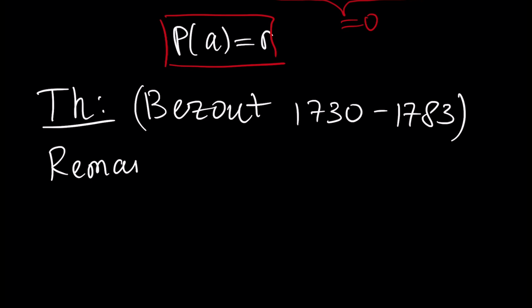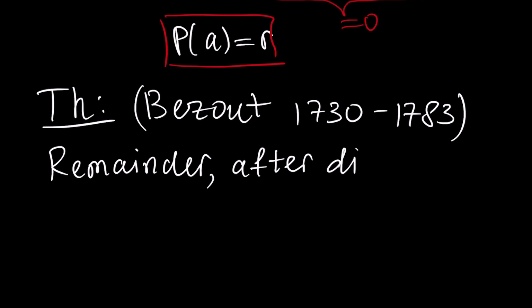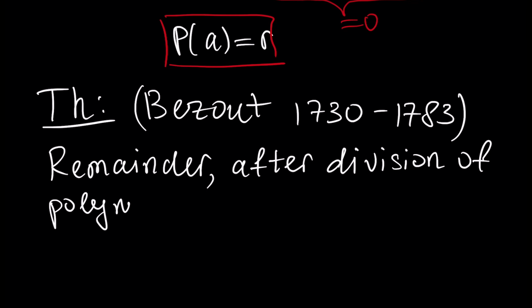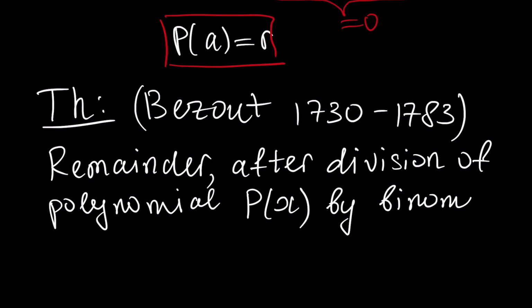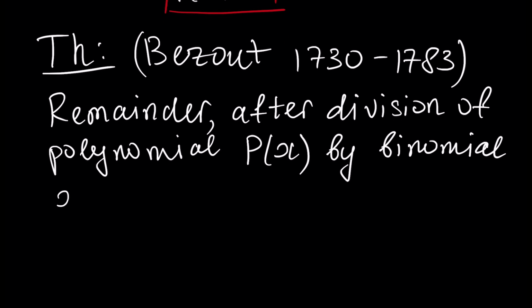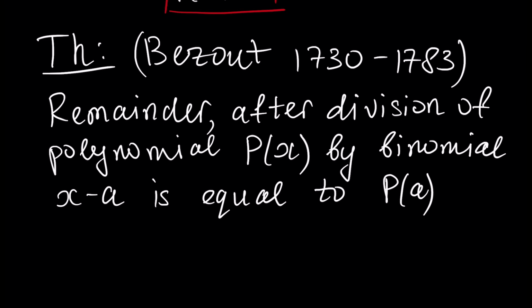A remainder after division of polynomial p of x by binomial x minus a is equal to p of a, or the value of our polynomial at the point a, where a is a constant.